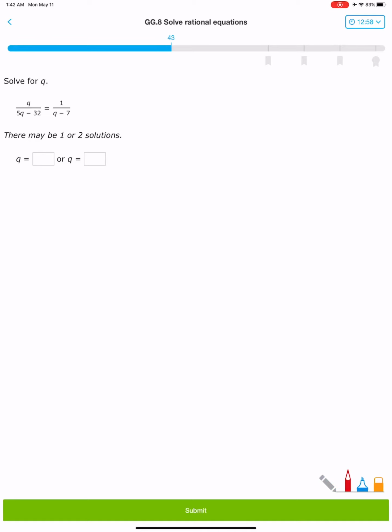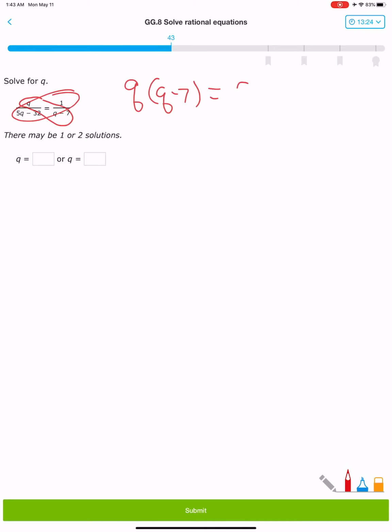Let's do one last example. So I'm going to multiply q times q minus 7. So we're going to do q times q minus 7. And then we got the 1 times 5q minus 32. 1 times anything is just itself, right?